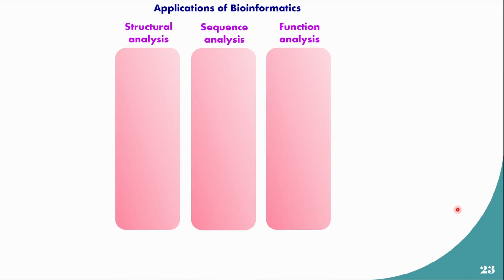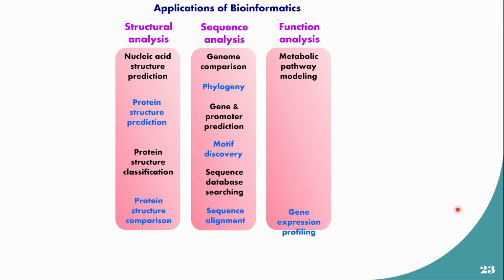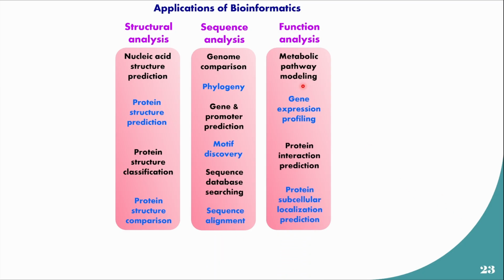And of course, if we go by the prominent functions of bioinformatics as it is seen, from structural analysis to sequence analysis to function analysis, in all of these different cases, the bioinformatics applications can be classified. For example, in structural analysis, we know protein structure prediction is a huge thing.